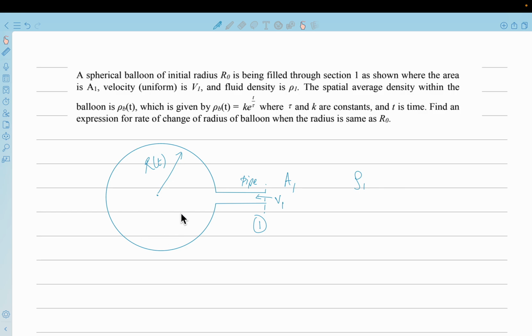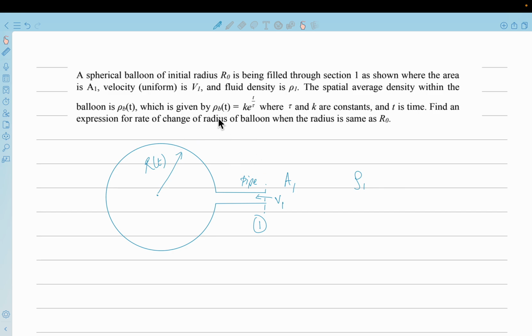But if it was rigid like the tank and you keep pumping in air, then the density is going to keep increasing. In this case, it is not a rigid boundary, so the radius can change and the volume is going to change with time.